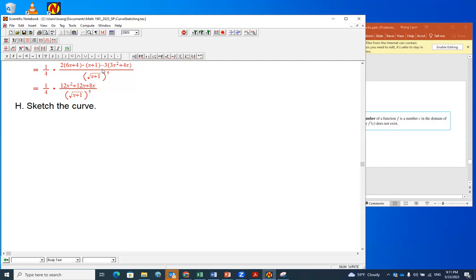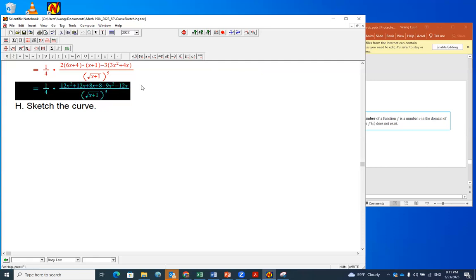And 4 times 1 is 4, 4 times 2 is 8. Subtracting, this will be 9x squared, right? Subtracting 12x.